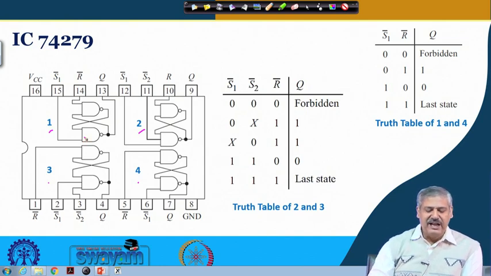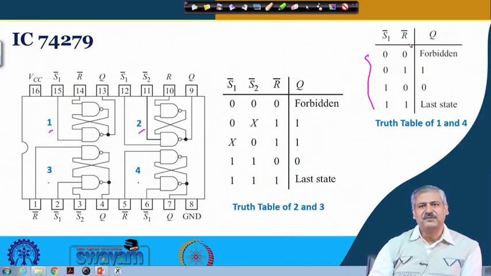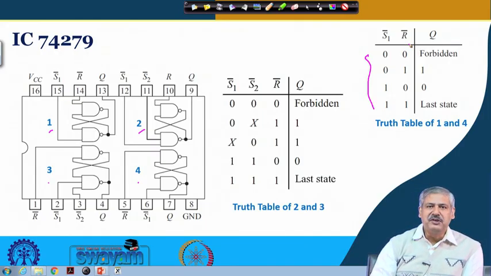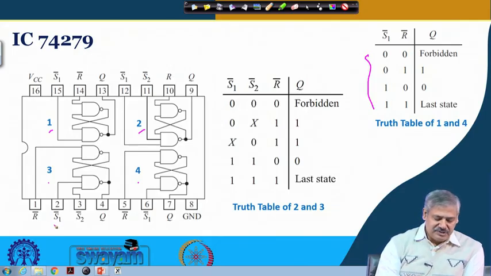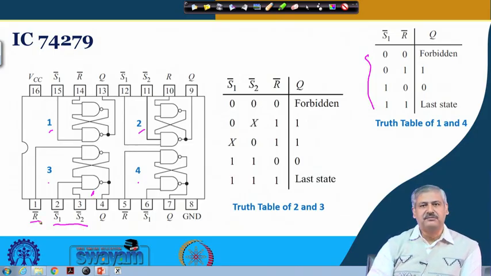Since it is made of NAND, you can appreciate that the input will be S1 bar, it is given a name S1, and R bar, okay. And in the other case, you have got 2 inputs, S1 bar and S2 bar. So this is a 3-input NAND gate, and this is R bar. So for the other gate, you have got only 1 input, and for that we shall have a truth table something like this.